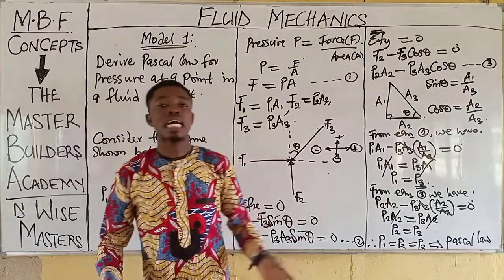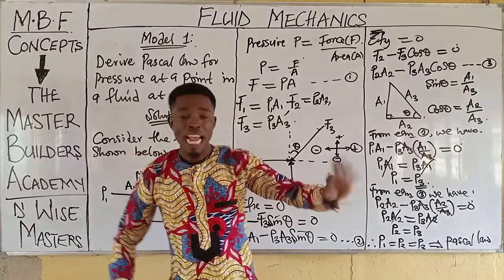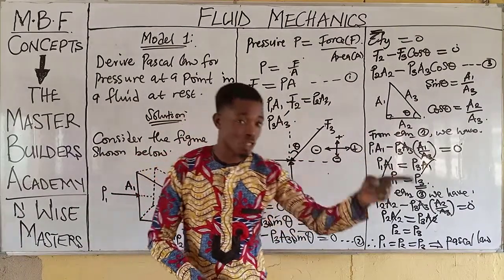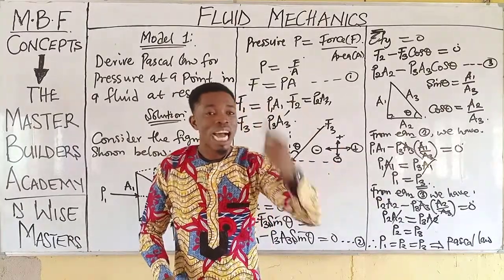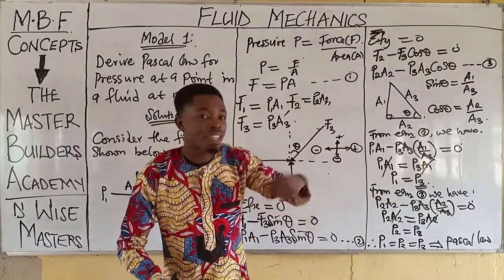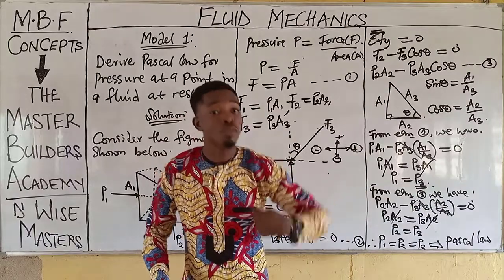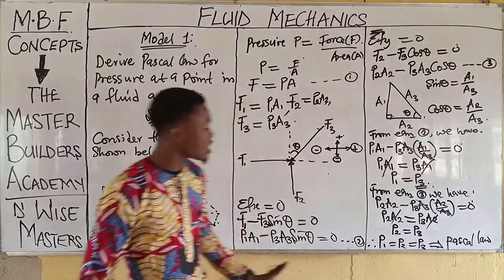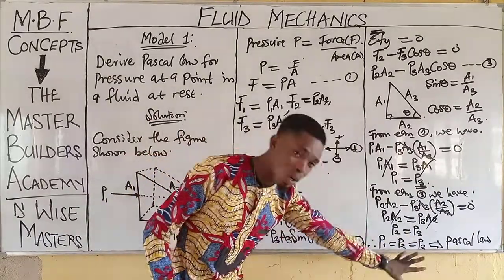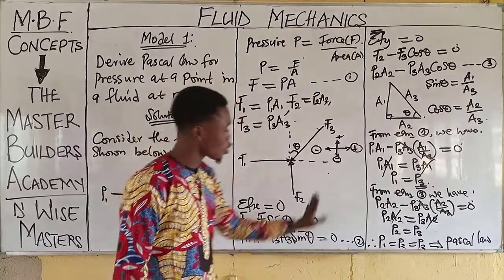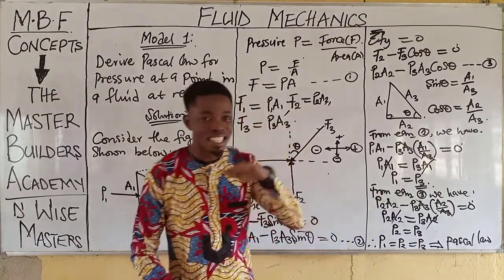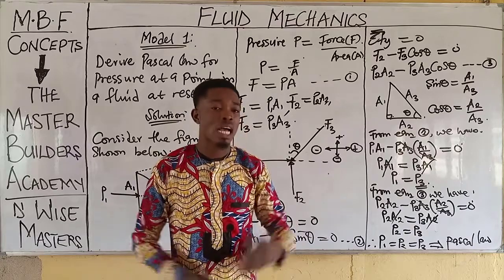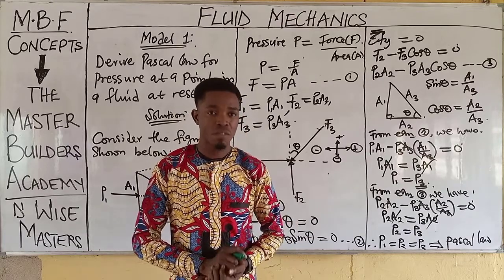It shows that if I have 10 bar acting in the X direction for a fluid at rest, I will equally have 10 bar in the Y direction and even in the Z direction. So this is what we are asked to show, that pressure 1, pressure 2, pressure 3 are the same for a fluid at rest. Pascal's law verified.